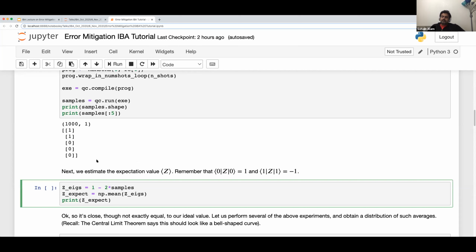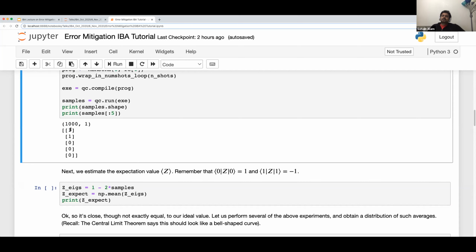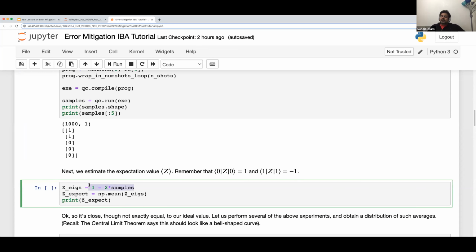So it will turn each number into 1 minus 2 times that number. 1 minus 2 times 1 gives me a -1, and 1 minus 2 times 0 gives me a 1, which is exactly the transformation I needed. So this transforms my samples into a sample of the eigenvalues of the Z operator.